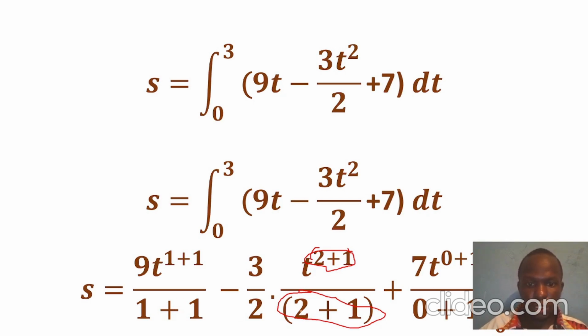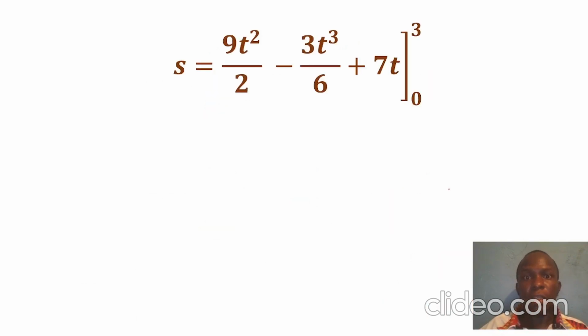We're going to see the results. So let us see the final results. That is, S is equal to 9t squared over 2 minus 3t cubed over 6 plus 7t.